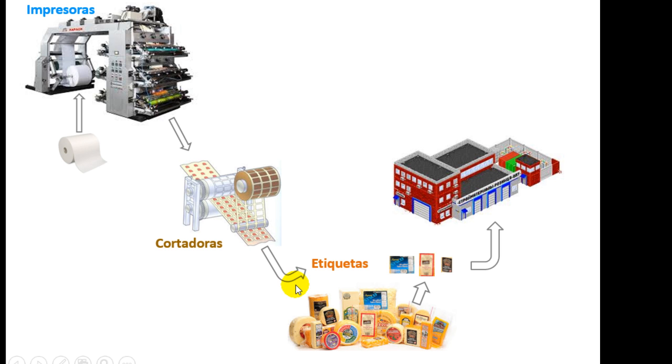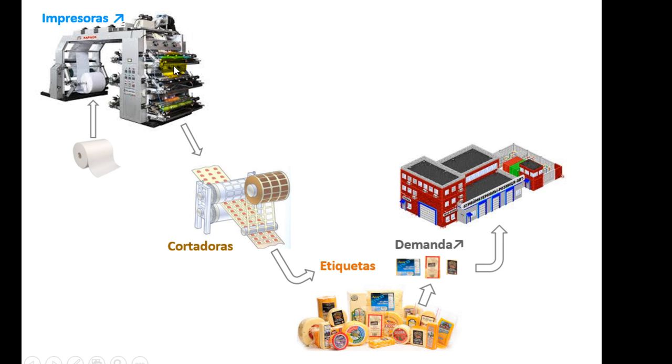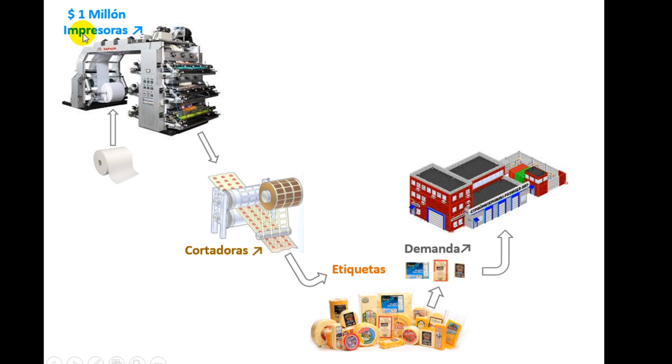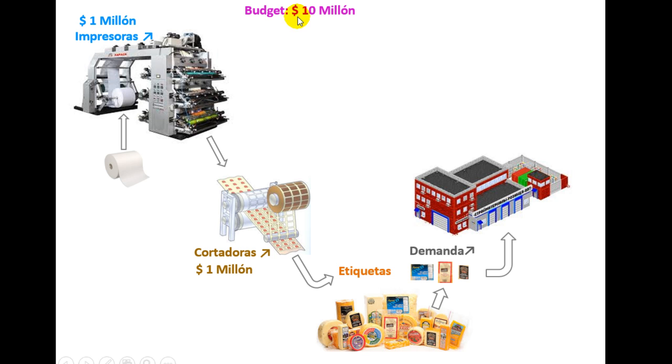Let's assume that the demand for labels is going to increase a lot, so this company wants to buy more printers and more cutters, and let's assume that the price of one printer is $1 million and the same for the cutter, and this company has a budget of 10 million.